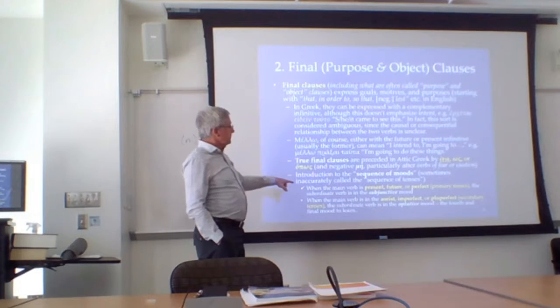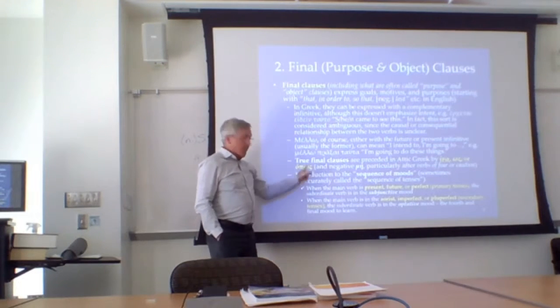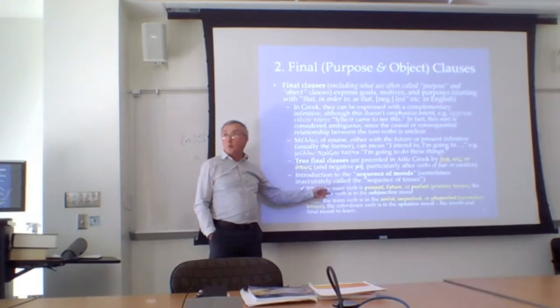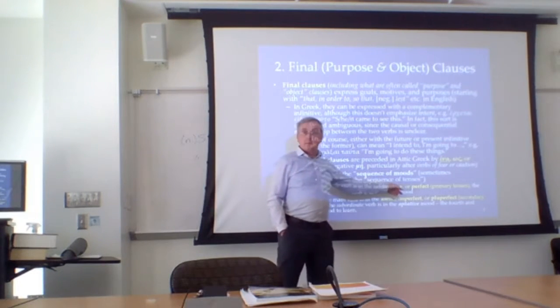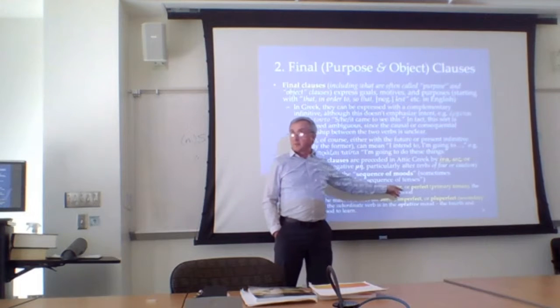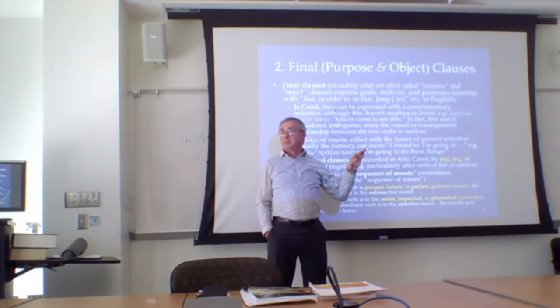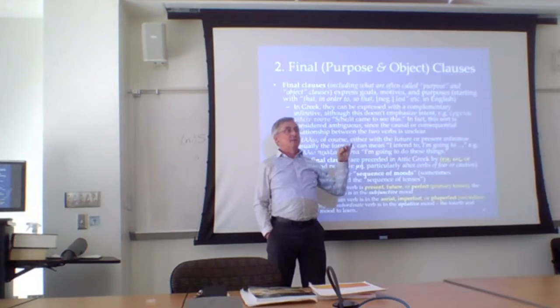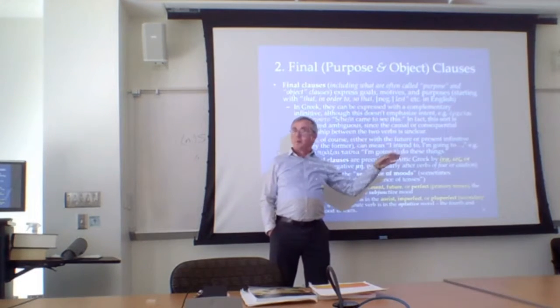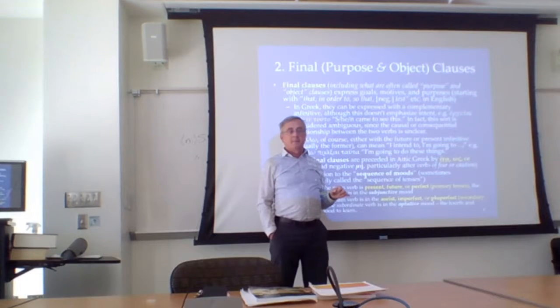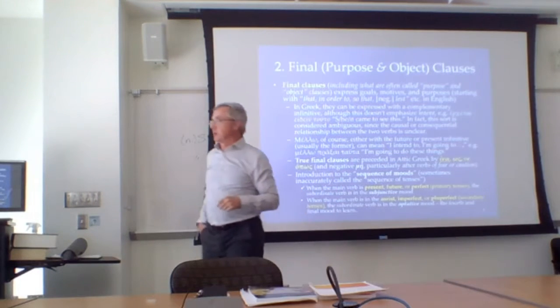So that's the one thing you want to know right now: if you're expressing purpose, and the main verb is in one of these primary tenses, then the subordinate verb, the one that expresses the purpose, is going to be in the subjunctive mood.